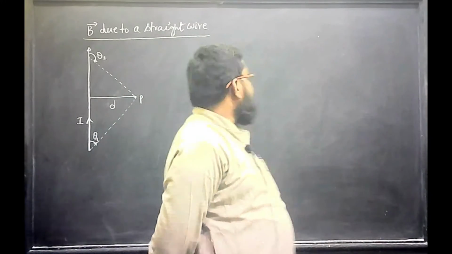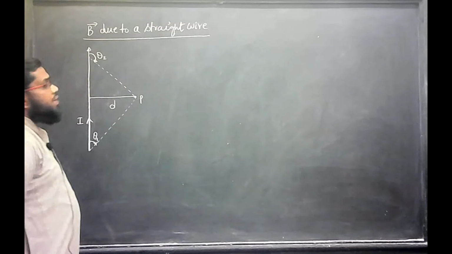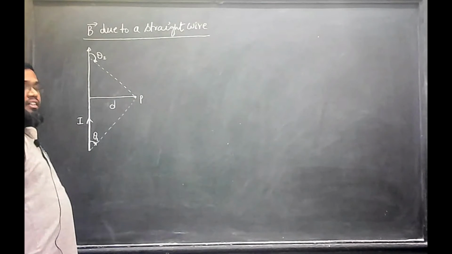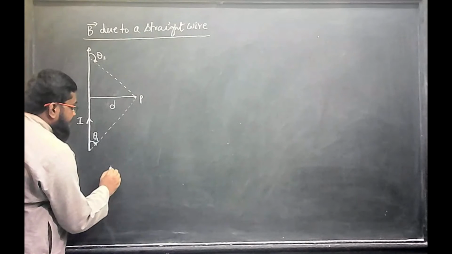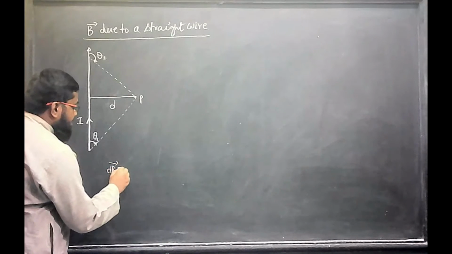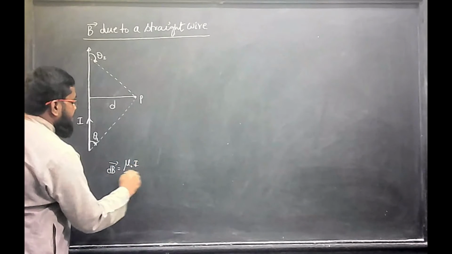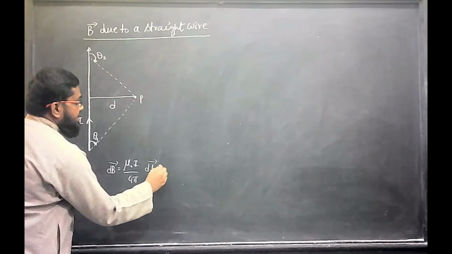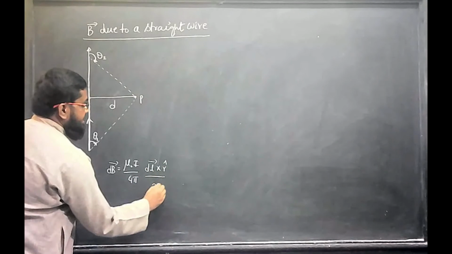Now I need to get an expression for the magnetic field at that particular point. So what do we have in our hand? B due to a small element. The formula is mu naught I by 4 pi, dl cross r cap by r cube.